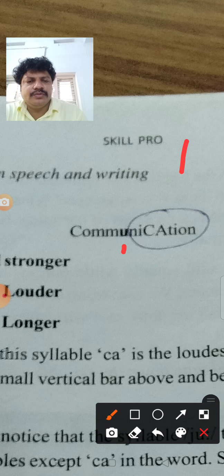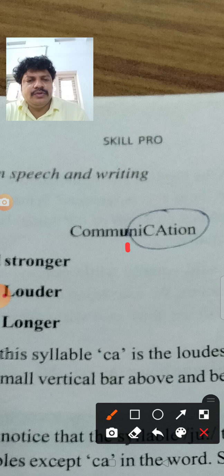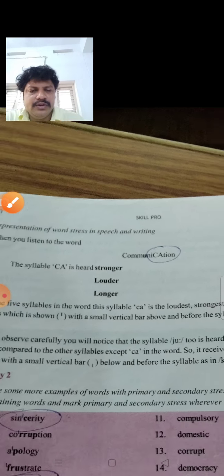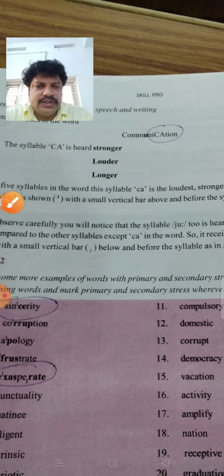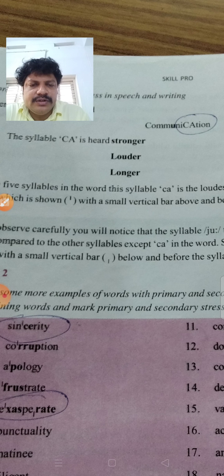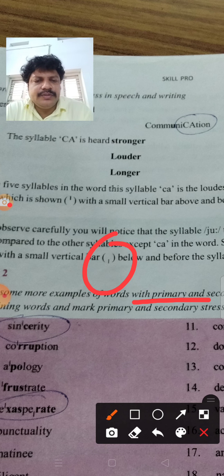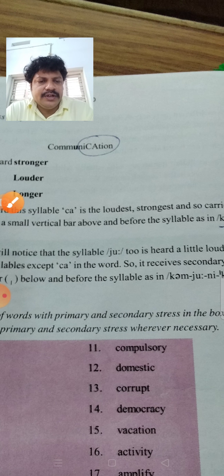Suppose "commute" is small and "cation" is big, so we use one small mark below the "u" and a big mark below the "cation". So "cation" is the long stress and "commute" is a short stress. The short stress is marked with a small vertical bar and the long stress with a long vertical bar.